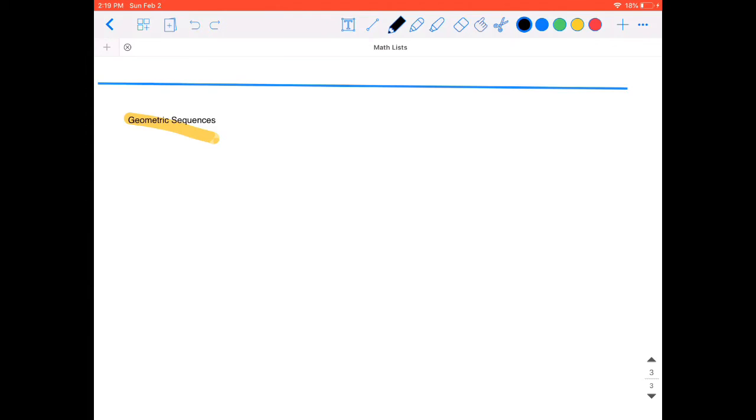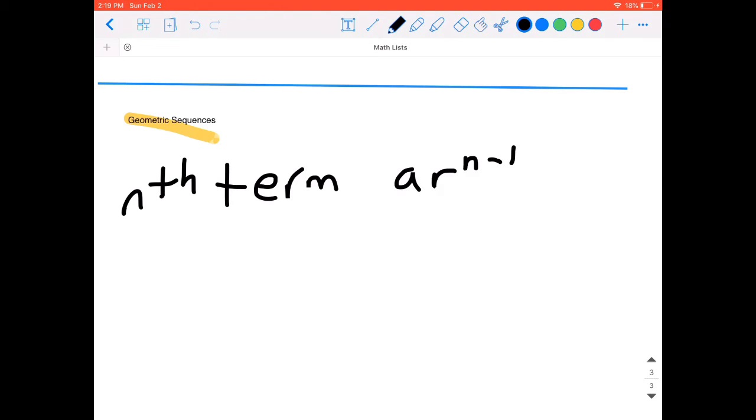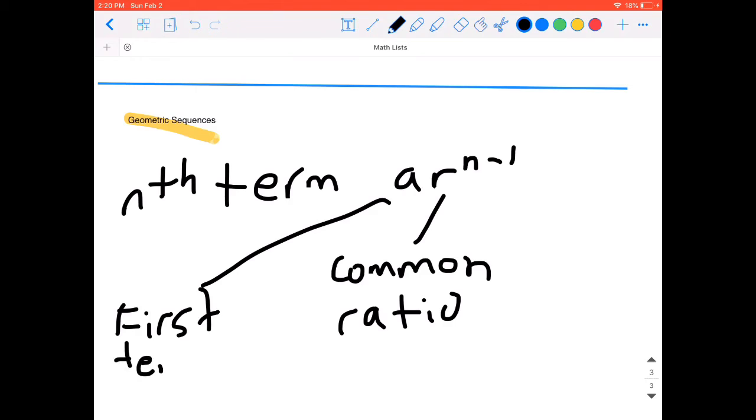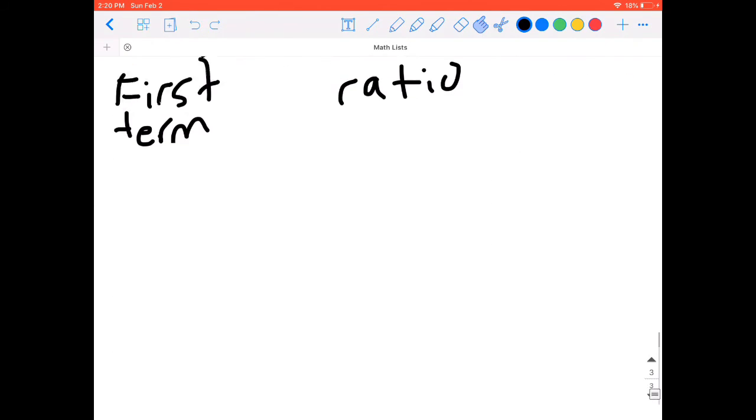So a geometric sequence with first term a and common ratio r has nth term a times r to the n minus 1, where r is the common ratio, a is the first term, and n is the number of terms, which I already specified.